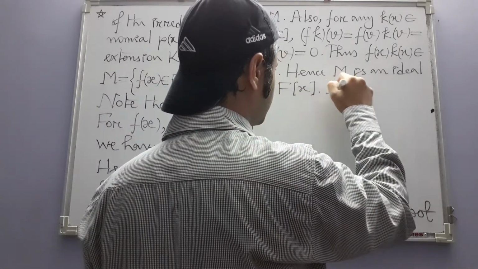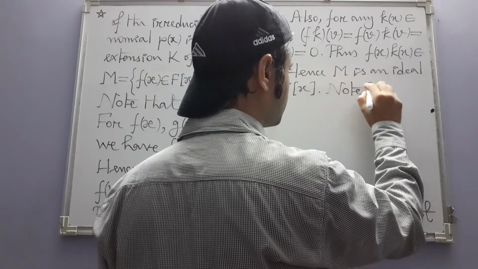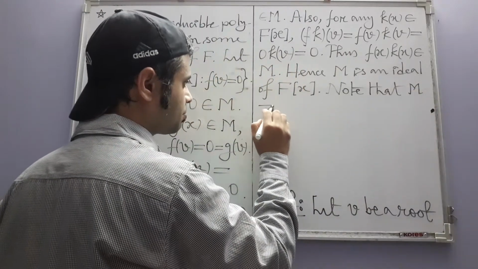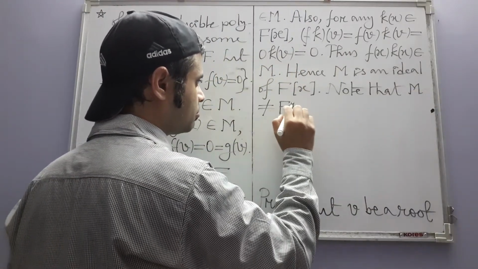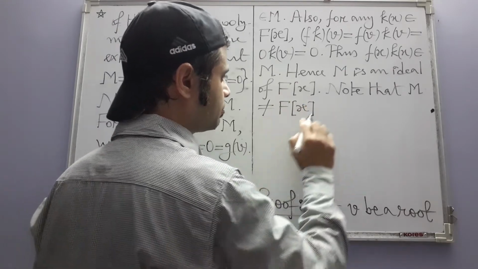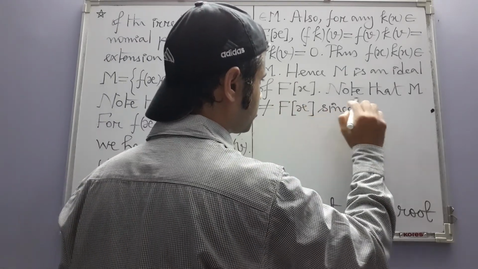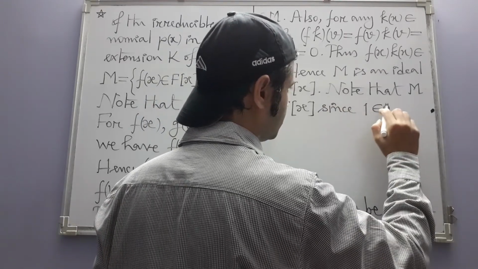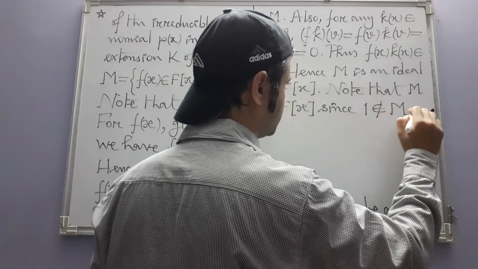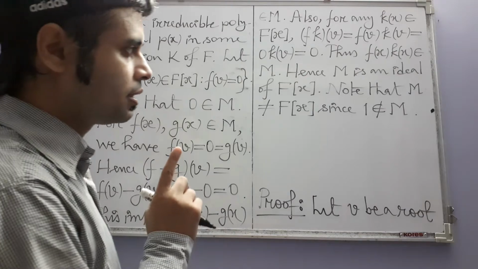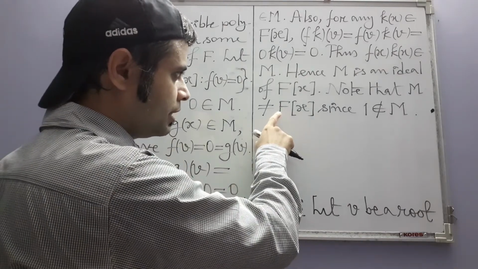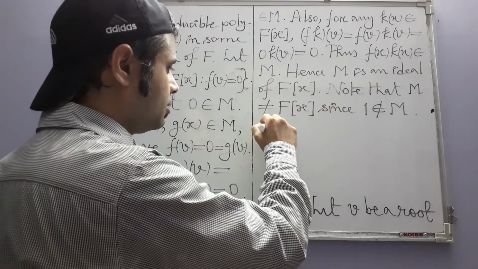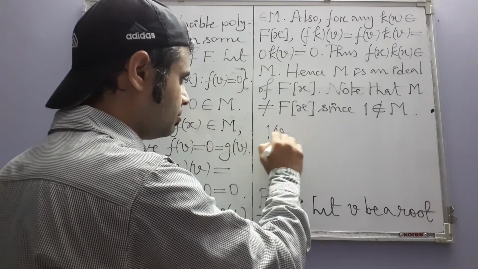Note that M is a proper ideal since the constant polynomial 1 is not in M. 1, being the unit element of the field F, is also an element of F[x], but 1 does not belong to M, because if you evaluate 1 at v, what do you get?